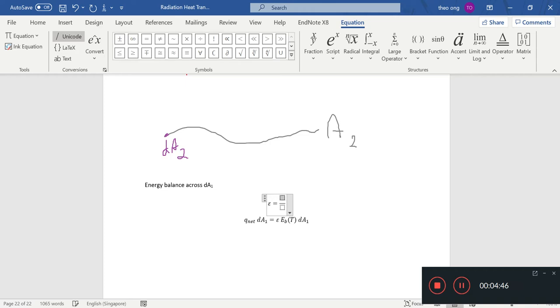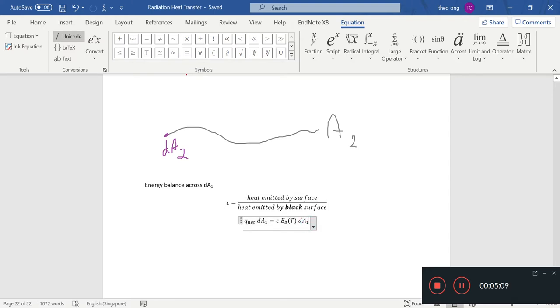The heat emitted by the black surface is EB T times dA1. You multiply that by the emissivity, and you get the heat emitted by whatever surface this is.